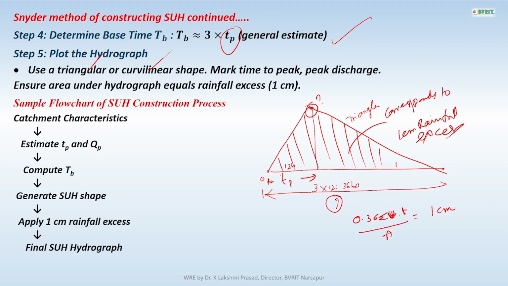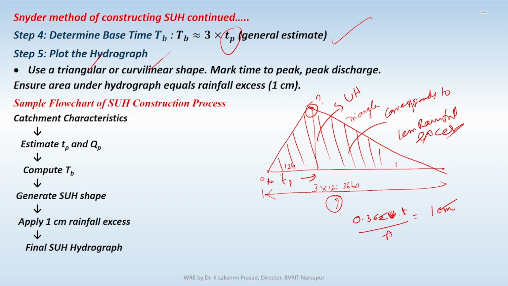Because synthetic unit hydrograph is a unit hydrograph, the rainfall excess should be equal to only 1 centimeter. So if the area under the unit hydrograph, that is 0.36 into sigma O into T divided by A, represents 1 centimeter, then your answer is right. If that doesn't represent 1 centimeter of effective rainfall, then somewhere it is wrong.